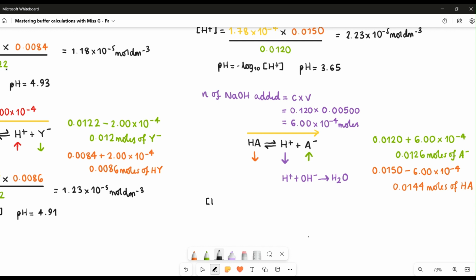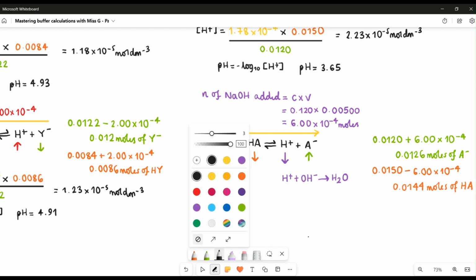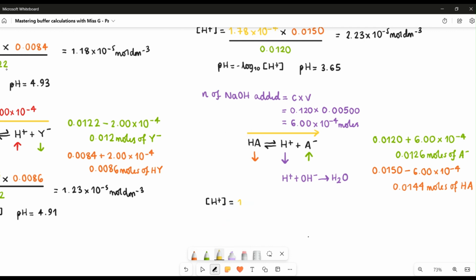I'm going to go straight to the concentration of H plus being equal to the value for Ka, 1.78 times 10 to the minus 4, multiplied by the new moles of HA, which is 0.0144, and then dividing that through by the new value for the moles of the salt, which is 0.0126.